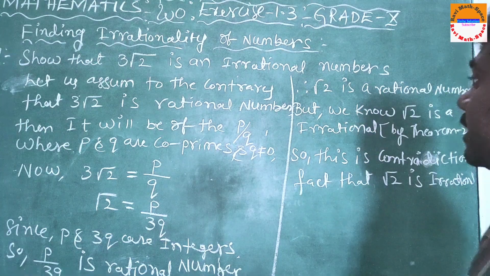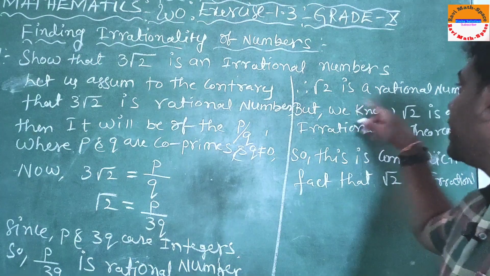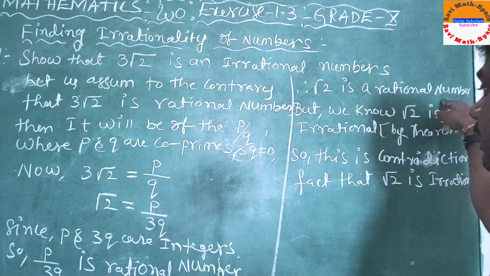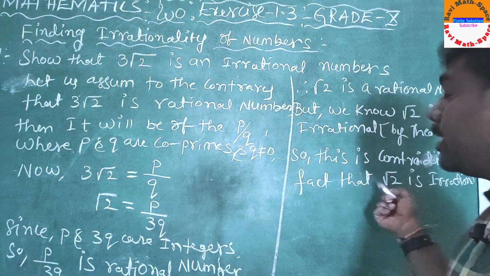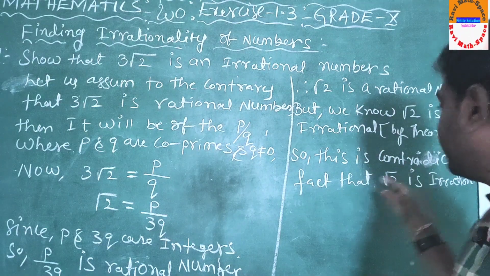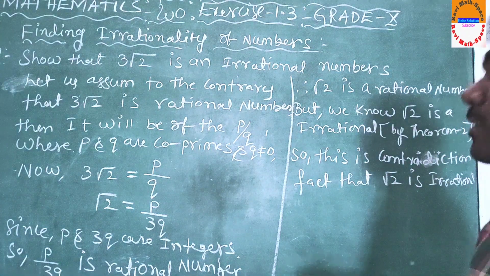What is the contradiction? This is the contradiction. What we proved here, root 2 is a rational number. But the fact is root 2 is irrational. That's why it becomes a contradiction to the fact that root 2 is irrational.